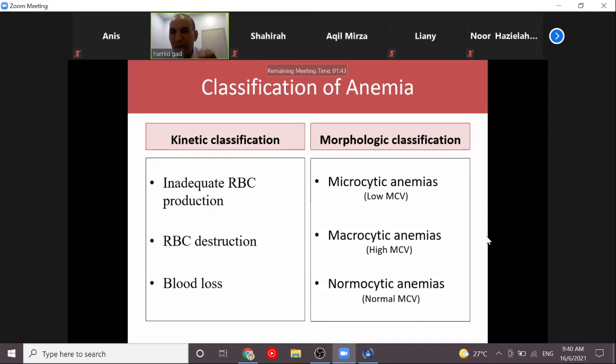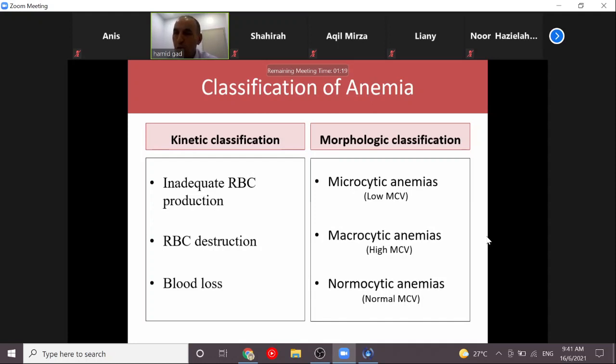This can cause a very minimal amount of bleeding, sometimes even unnoticed. We call it occult bleeding. It might go in the stool, but there is no chance of noticing it. After long-term chronic blood loss, maybe years, the patient might develop anemia later on. So chronic blood loss is very common in the GIT, especially ulcer and carcinoma.